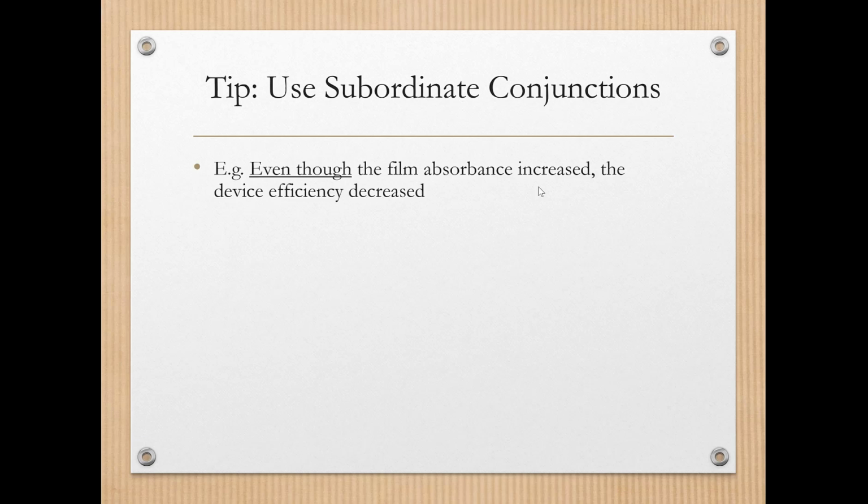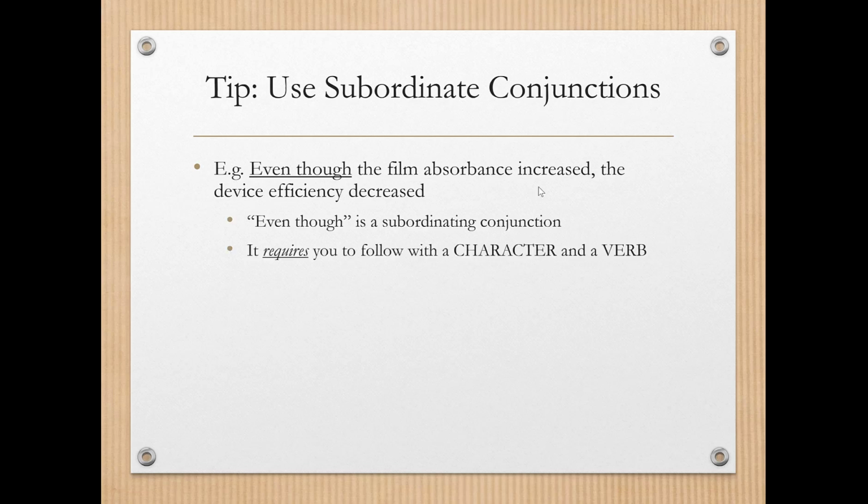Here's an example. So if we write, even though the film absorbance increased, the device efficiency decreased, there's a connection between these two clauses. The use of even though requires us to follow with both a character and a verb.